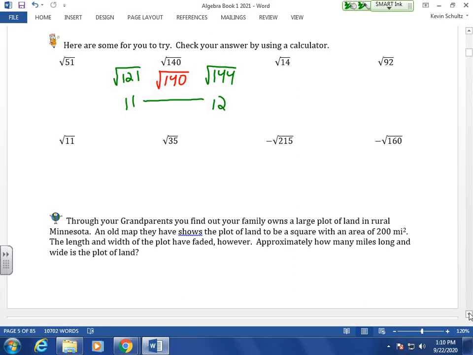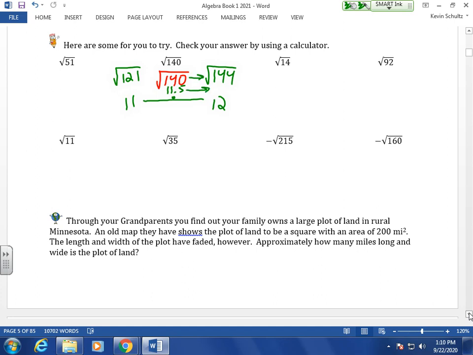If you ever have a number range that's greater than 1 here, like if you had 11 to 13 or 10 to 12, something like that, then you've missed a perfect square somewhere. This should always give you a range of just one number, so you can put the half in there, 11.5, and narrow it down from there. Okay. 140, once again, closer to the greater perfect square, closer to 144.